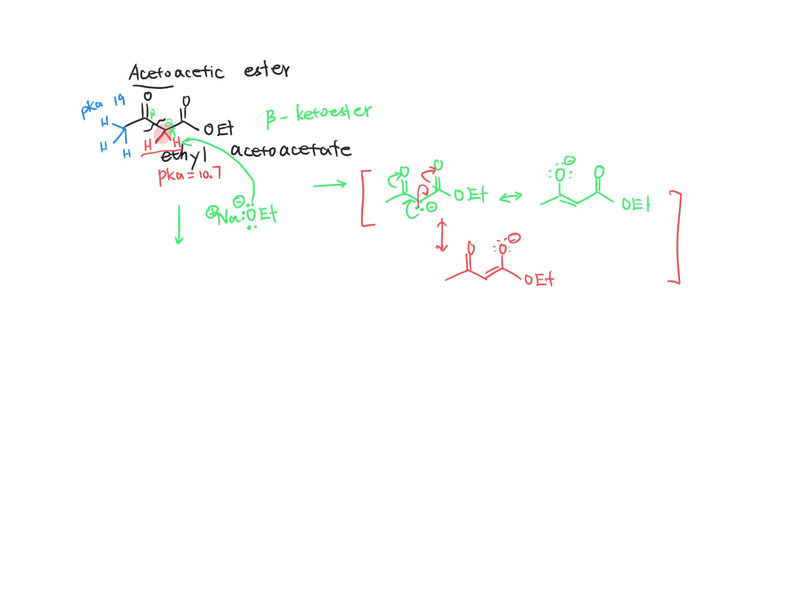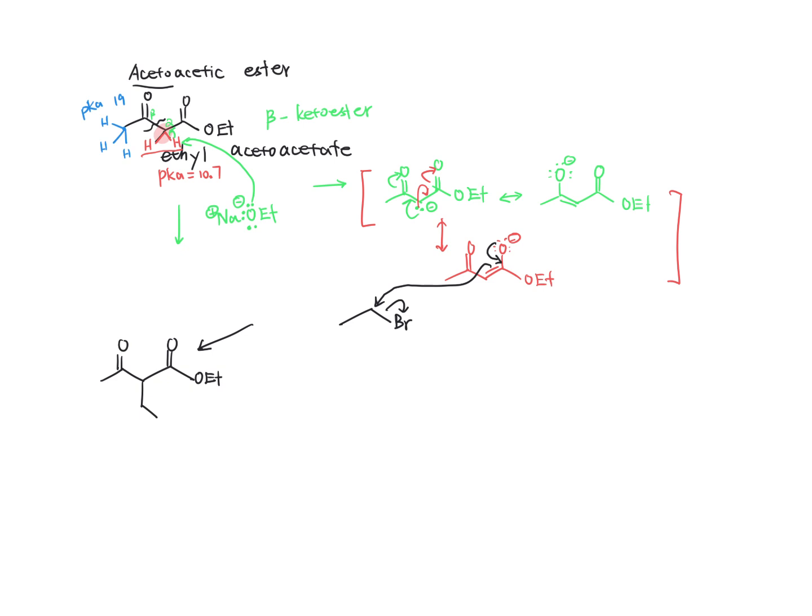And then if we have an alkyl bromide, for example, we throw in an alkyl bromide, then this will attack this carbon to undergo a substitution reaction that will give us the alkylation at this alpha position.